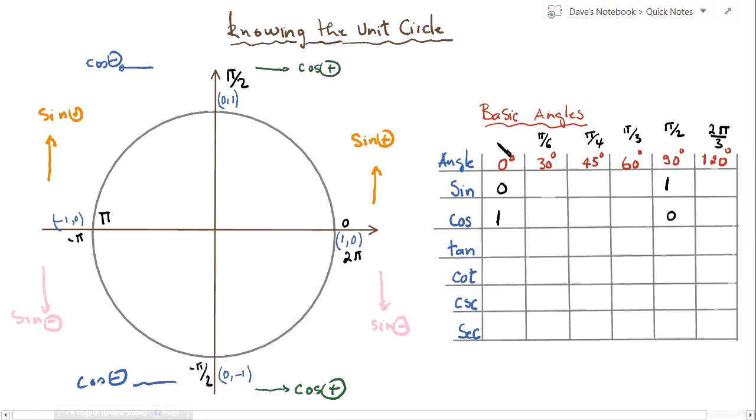And this is 0 degrees. If you're here at pi divided by 2, the sine of the angle is 1, because this value here is 1. The cosine of the angle is right here, so it normally doesn't exist. It's 0. That's what we've got here.